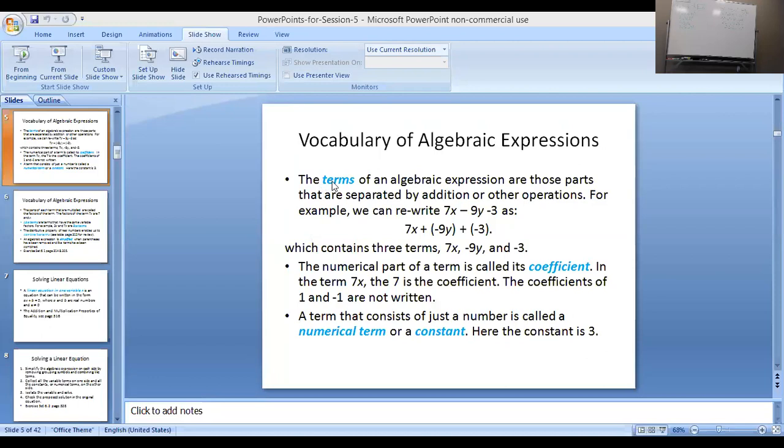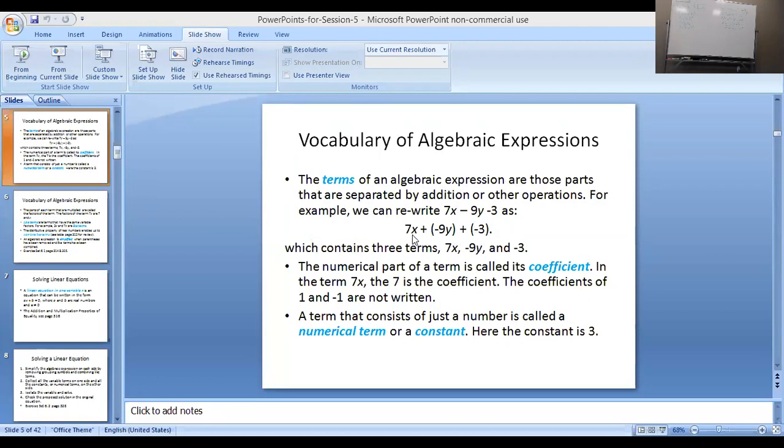All right. Terms of an algebraic expression are those parts that are separated by addition or subtraction. For example, when we have 7x plus parenthesis minus 9y plus parenthesis minus 3, you can rewrite it as 7x minus 9y minus 3, or you can put parentheses.